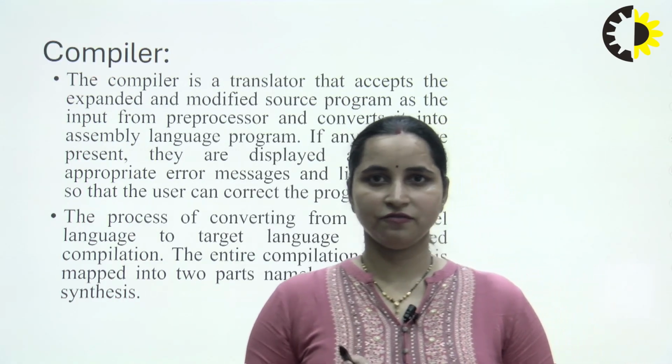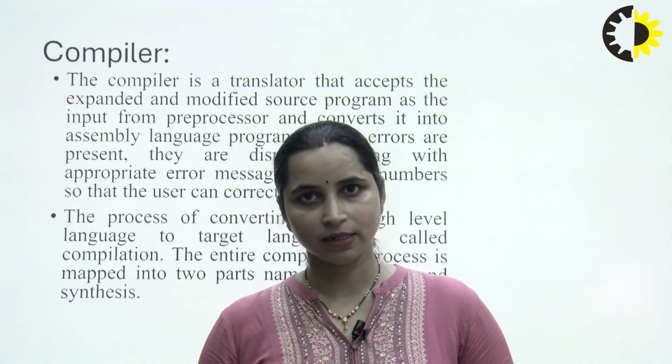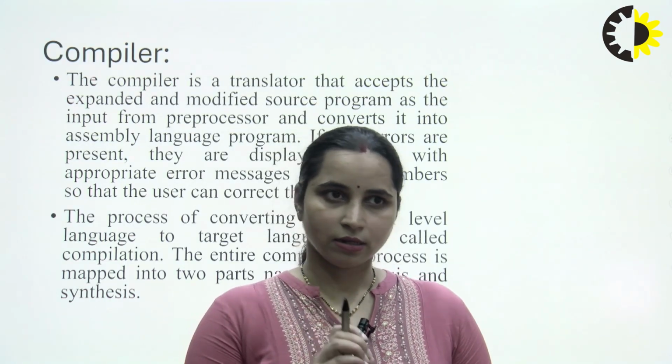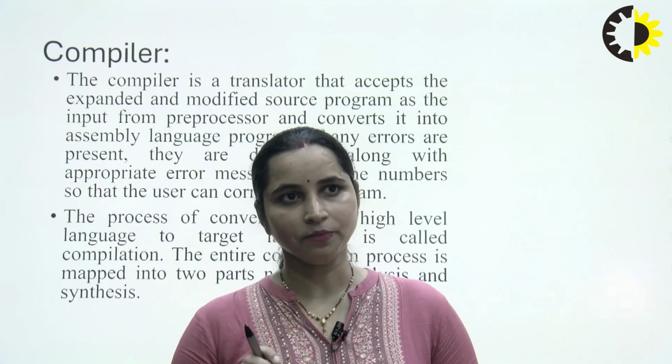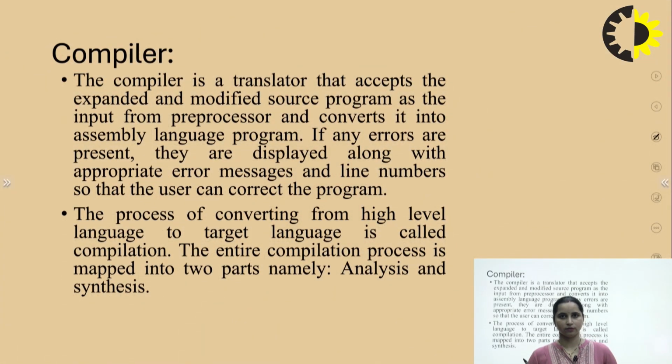Basically, the compiler is converting the source program to a machine readable program. If any error is present, it is displayed along with the appropriate error message and the line number, so that the user can correct it.